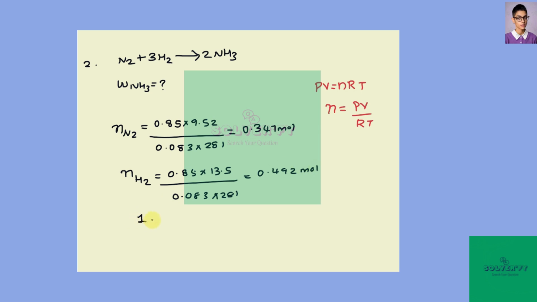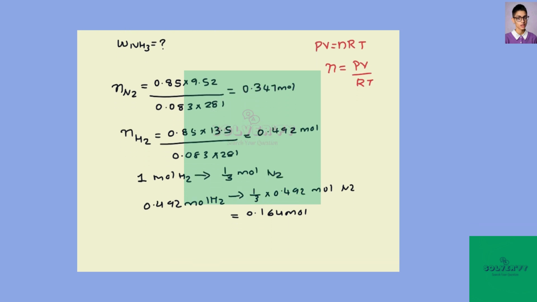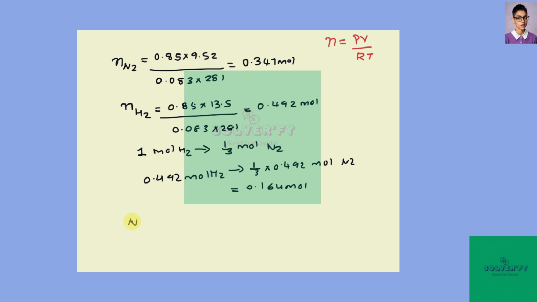As 1 mole of hydrogen reacts with 1/3 mole of nitrogen, 0.492 mole of hydrogen will react with 1/3 of 0.492 mole of nitrogen, which is 0.164 mole. The desired amount of hydrogen is less here, so we can say that H2 is the limiting reagent here.